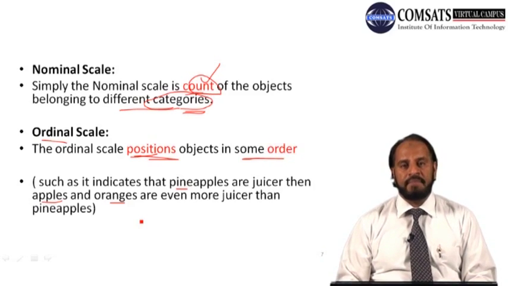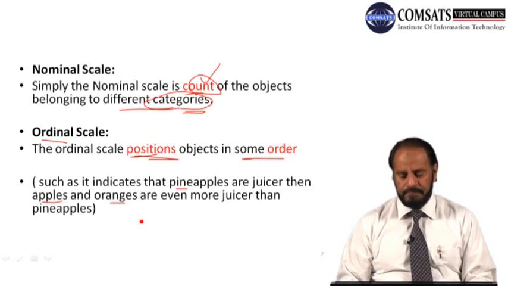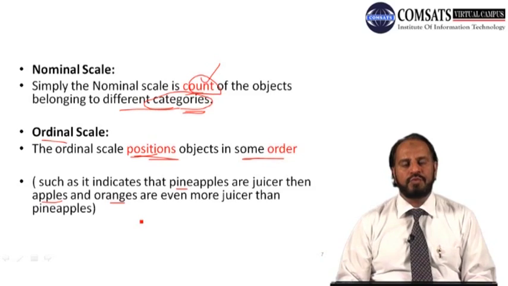So we say that pineapple is juicier than the apple, but oranges are juicier than the pineapple. So we know the least is the apple, the juiciest is the oranges. Or in the other case, you could say which is the sweetest.